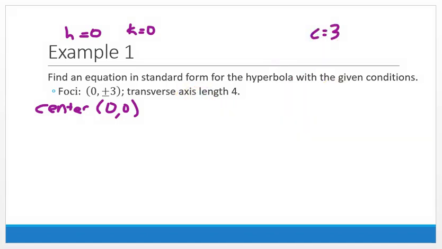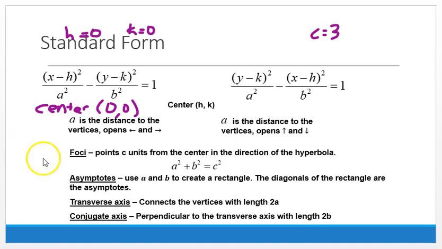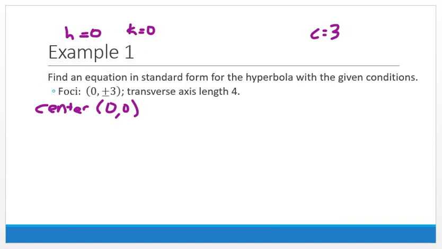And then for our transverse axis length, if you compare this to the rules on the listing of all of the formulas here, the transverse axis length is the one that has a length of 2a. So for our example, 2a equals 4, so now we know that a is equal to 2.